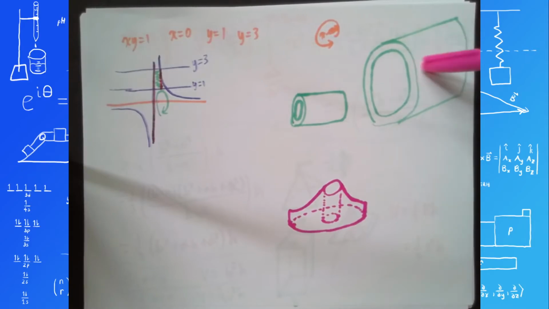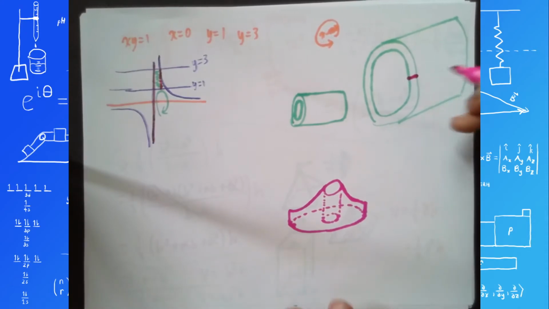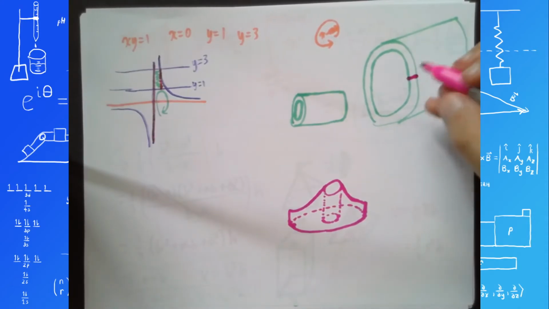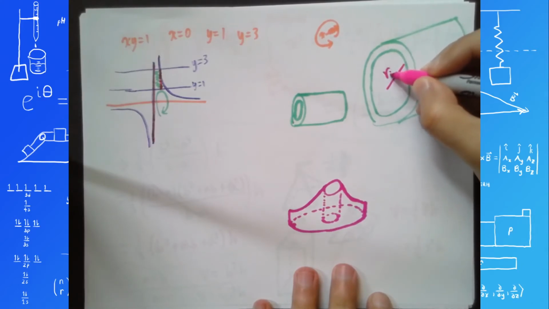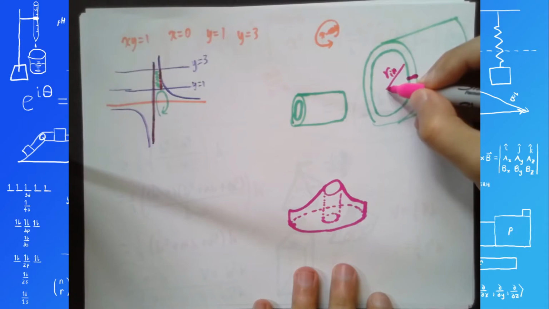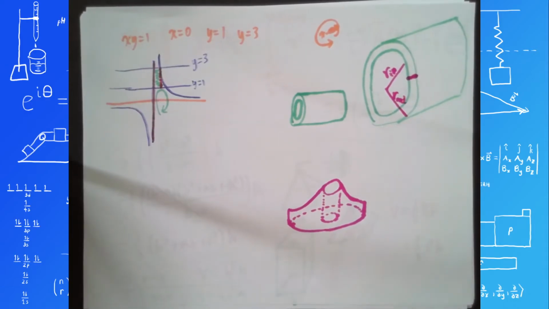volcano thing. And to get the volume of an individual shell, if they're super thin, then this distance right here should be really, really small, which means the inner radius and the outer radius are approximately the same.